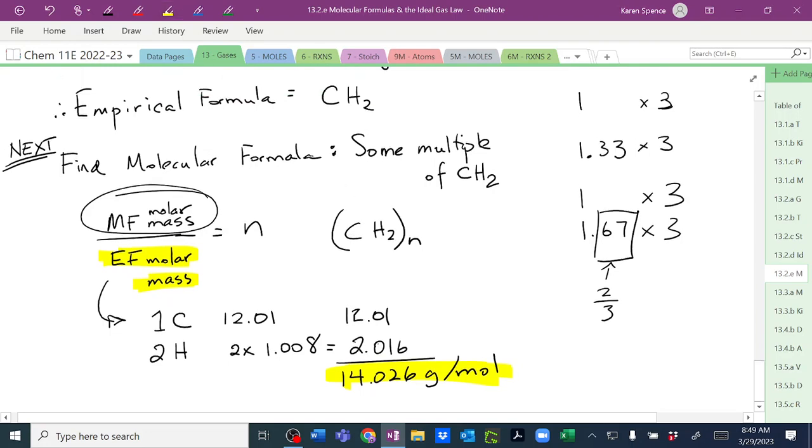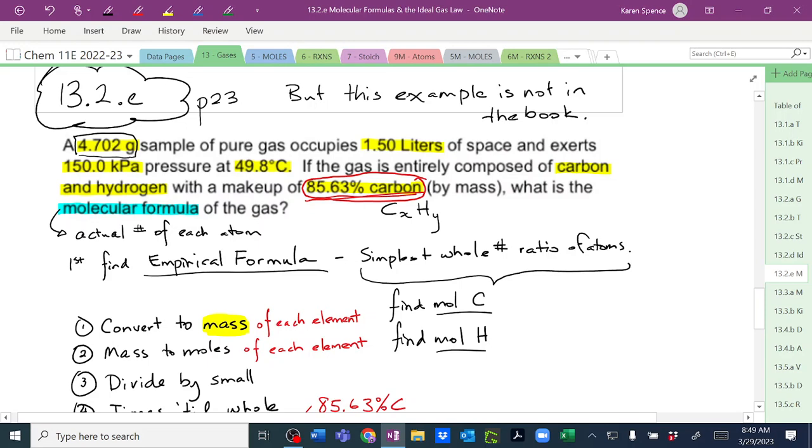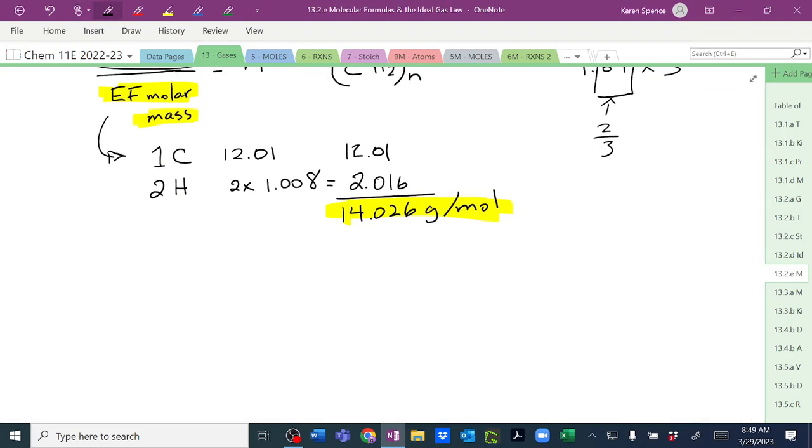Now we need to actually do the gas stuff. Let's go back to our question, and we will grab 1.50 liters. We have 4.702 grams.